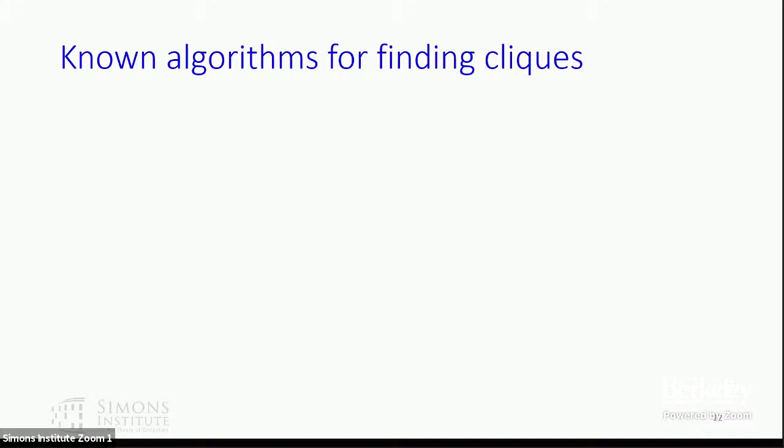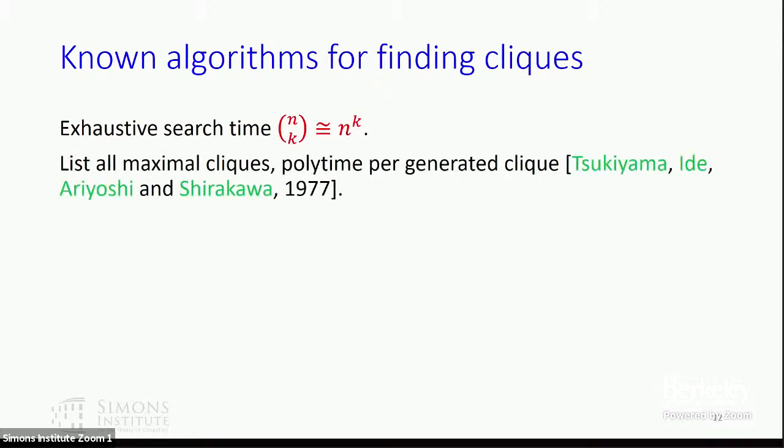So let's see what algorithms we know for finding cliques, and is there any hope of having an algorithm with such a running time? Exhaustive search, going over all subsets of size k, takes time roughly n to the k. Here's something better that we can do. We can list all maximal cliques in a graph in polynomial time per clique.